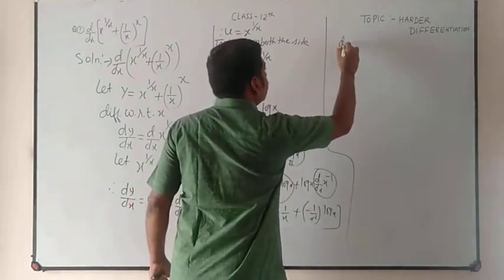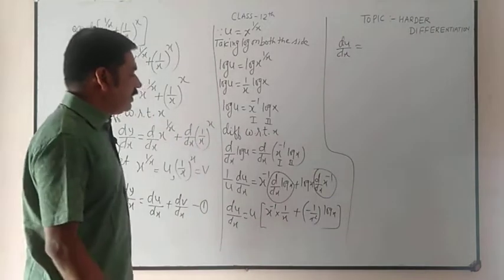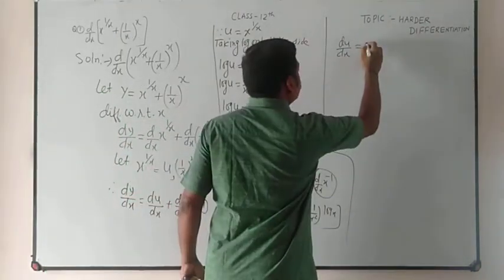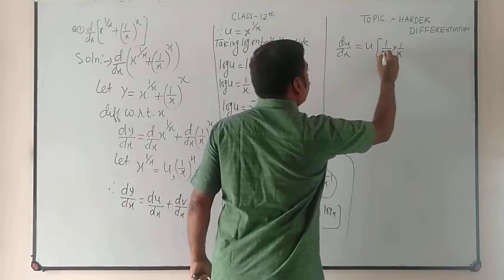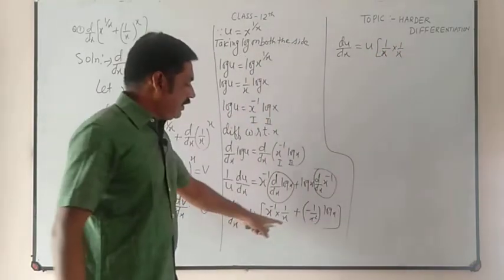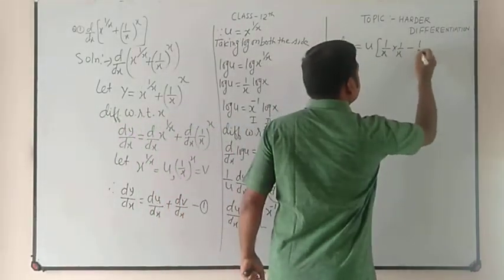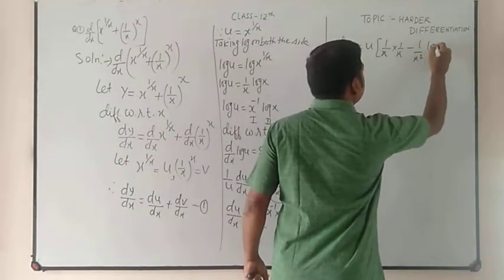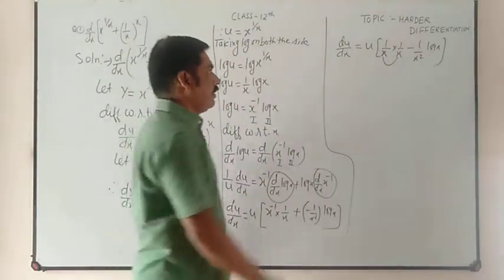So du upon dx is equal to u into 1 upon x into 1 upon x plus minus 1 upon x square into log x. Now x into x is x square.